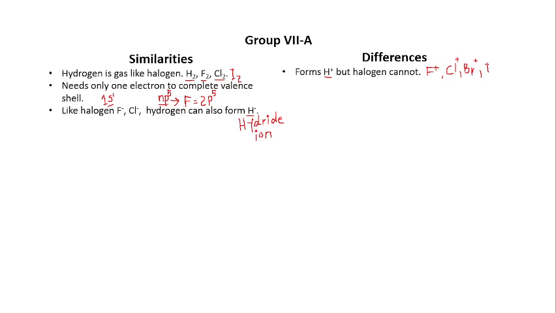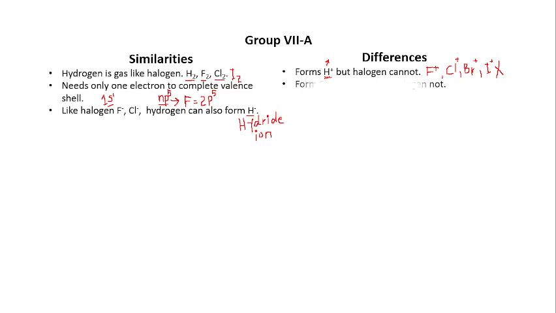They can't lose an electron. Halogens only gain an electron and form F negative, Cl negative, Br negative. But hydrogen can also form H positive by losing an electron. This property is not related to the halogens.